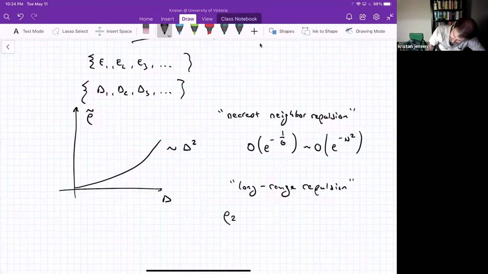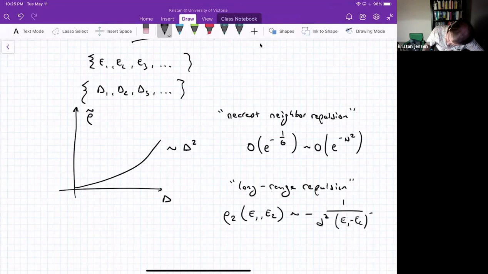And for that long range repulsion, there's some expectation that the second moment of the density of states, depending on two energies, goes as a minus sign. That's the repulsion. If you were dealing with a finite dimensional Hilbert space, then dimension squared, E1 minus E2 squared, for energies that are order 1 apart from each other. So much further apart than the level spacing, but still not very large energies.